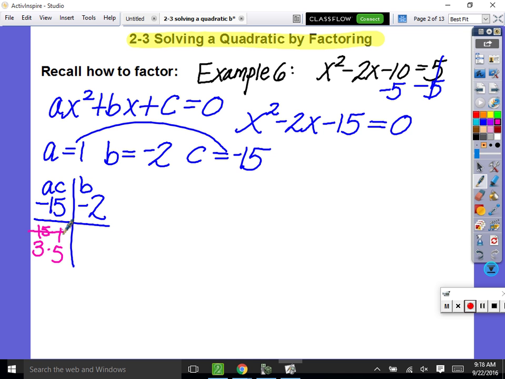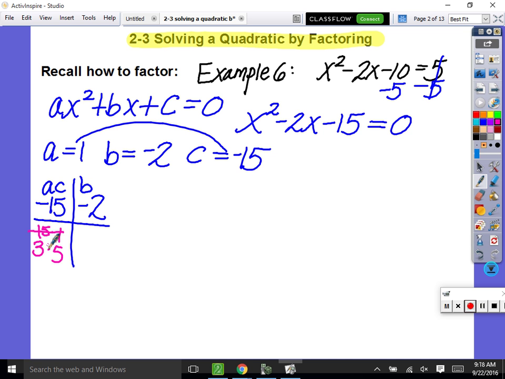3 times 5 could add up to be negative 2, but which one would need to be negative? 3 or 5, if it needs to add up to be negative 2. If we put it with 3, won't that be negative 3 plus 5, which is positive 2, guys? Yes? Which would not be what we need, right?